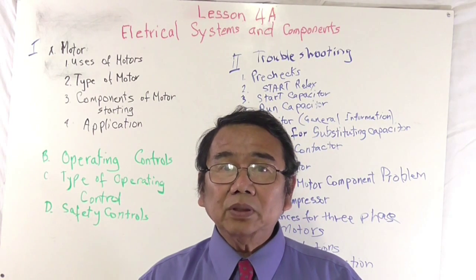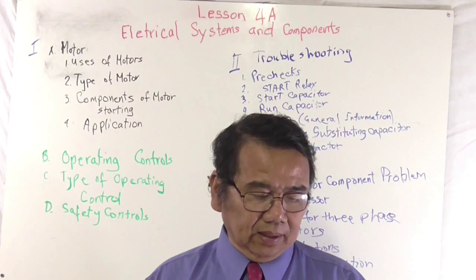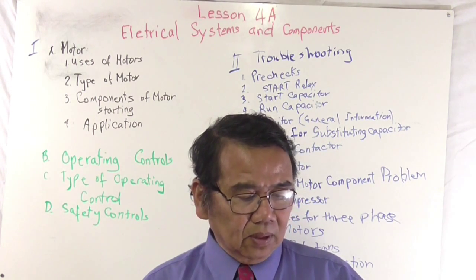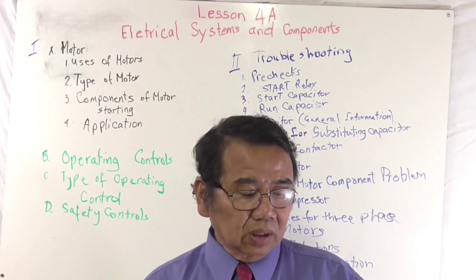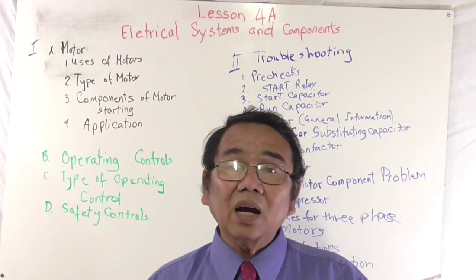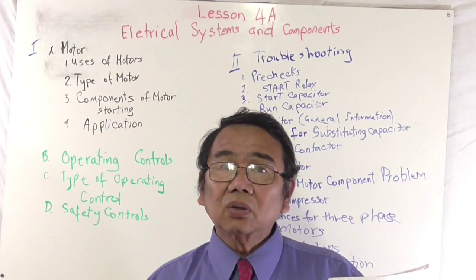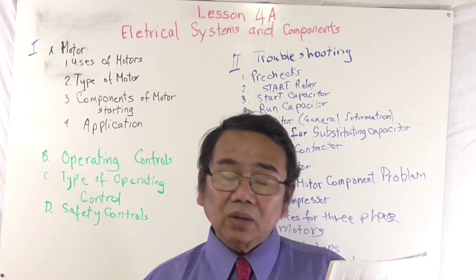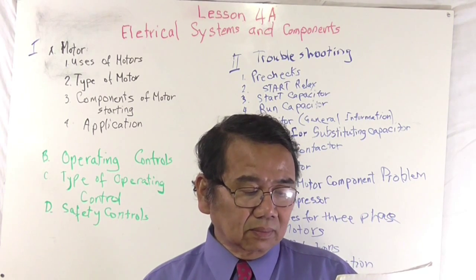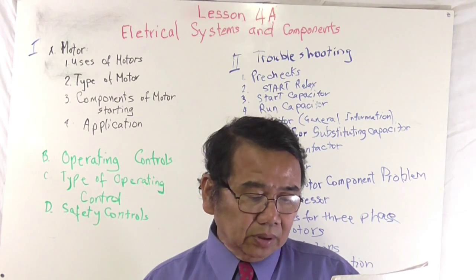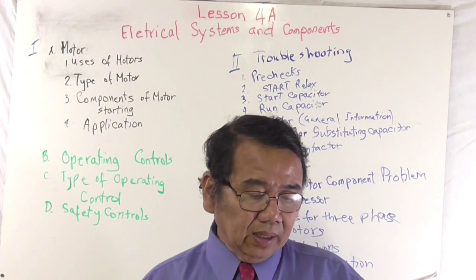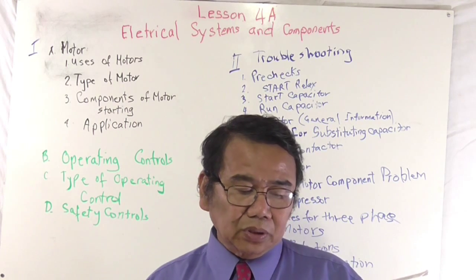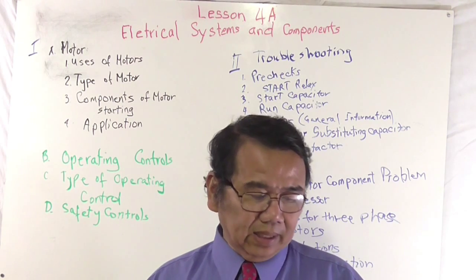The first one we'll be looking at is the start relay. Start relay will not open contacts: voltage is low, start capacitor burned out or wrong one, run capacitor burned out or wrong one, high head pressure, start relay burned out or wrong one, and then compressor burnout.